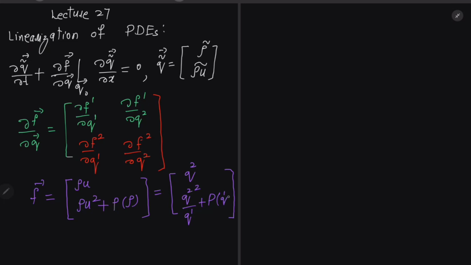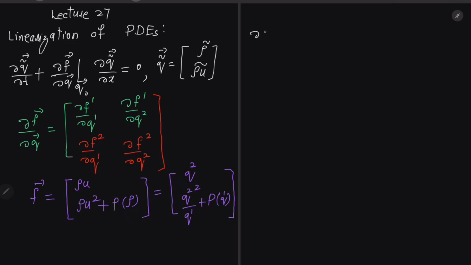This is q1. So that was f. Now we want to take a derivative of f1 and f2 with respect to q1 and q2.